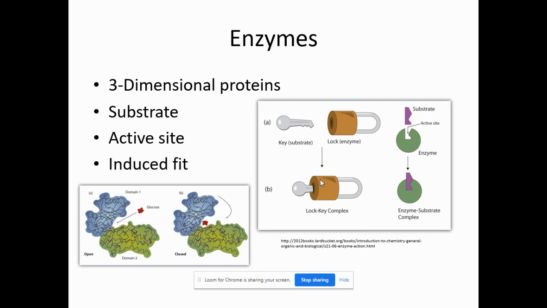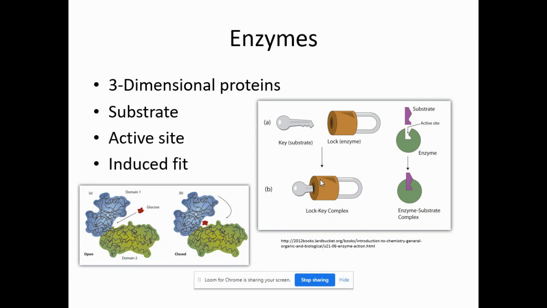But when the substrate binds to the enzyme, then whatever chemical reaction happens will occur. All right. Then the substrate or substrates are converted in that chemical reaction, and then they are released. And then the enzyme again is not consumed by the reaction.